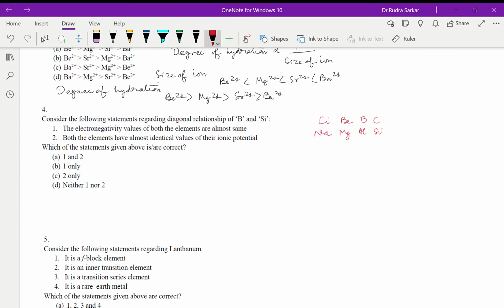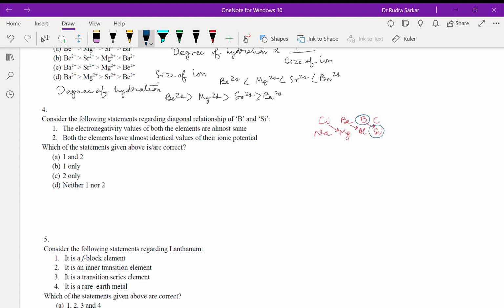So when they're saying diagonal relationship, that means this type of a relationship. You can also see some diagonal relationship between beryllium and aluminium, also in lithium and magnesium. So this type of similarity of properties between boron and silicon, that is what they are hinting at over here.